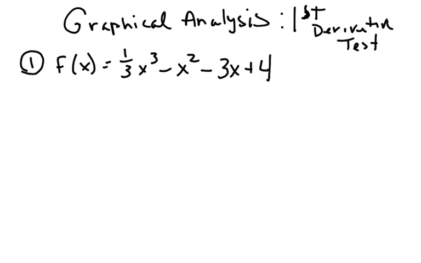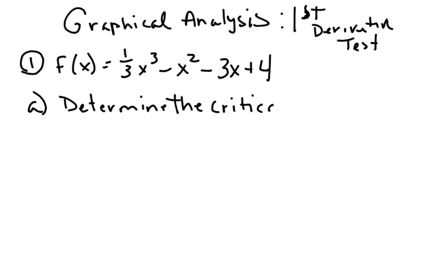And this is going to be a two-part problem. Part A is to determine the critical values. So from our note cards, you should have found out that a critical value or a critical number is a place where the first derivative is either equal to 0 or undefined.